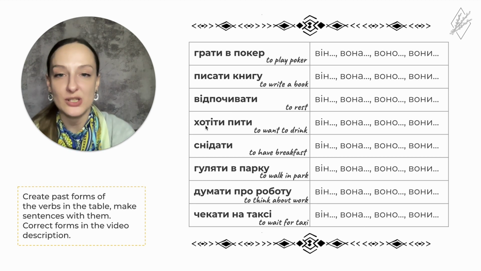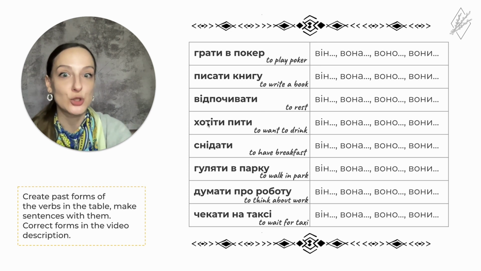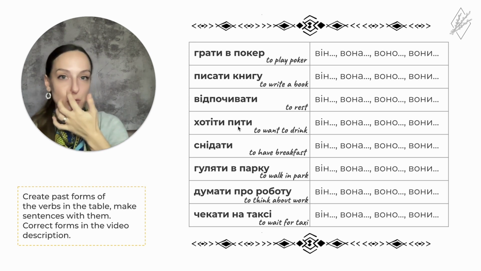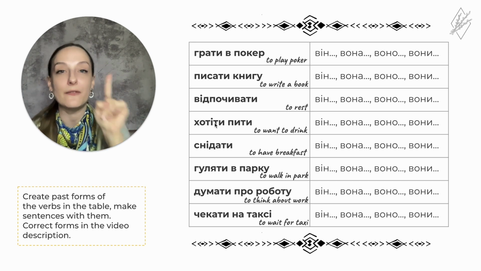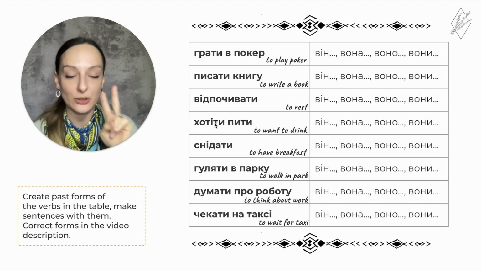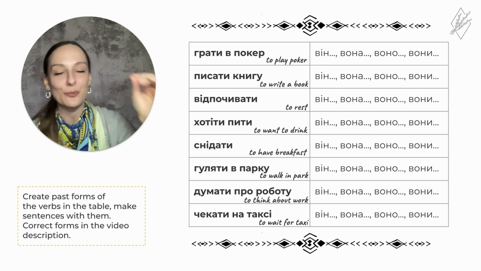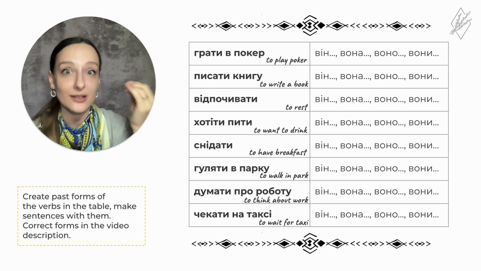Pay attention to this phrase. Хотіти, пити. To want, to drink. Here we have two verbs. To want, to drink. But when we will change this phrase to past tense, we will change only the first verb. It will work always in Ukrainian when you have two verbs. The second one will always keep being in infinitive, just like in English.